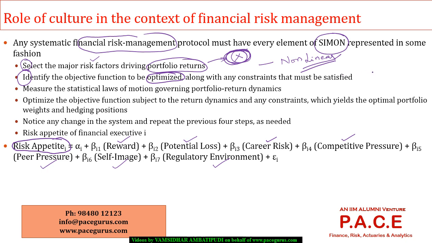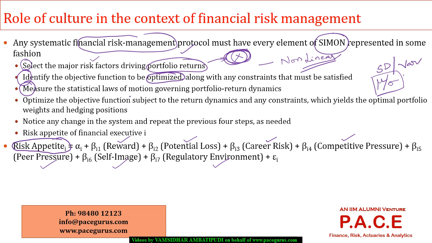Should my overall risk, which I measure, let's say, through standard deviation or variance, be minimized, or do I want to maximize the return-to-risk ratio? So first, I'm identifying the major risk factors driving my portfolio returns. Then I'm identifying the objective function that needs to be optimized, along with what constraints there are in this process.